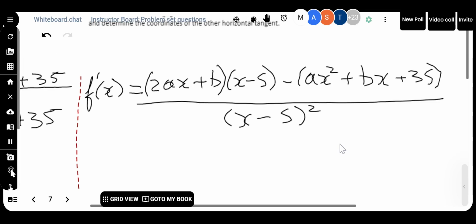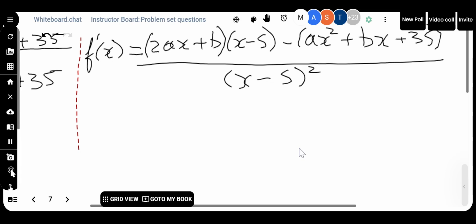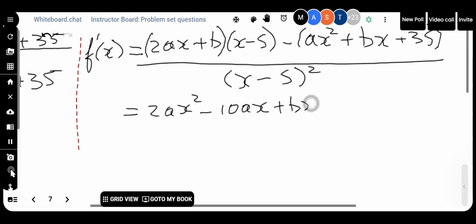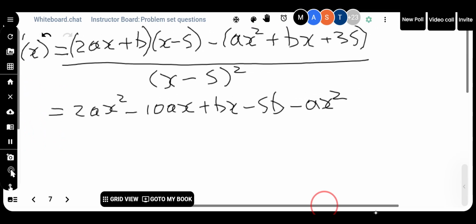All right, so what I'm going to do now is multiply this all out and collect my like terms, see what we've got here. So that's all equal to 2ax times x is going to be 2ax squared minus 10ax plus bx minus 5b minus ax squared minus bx minus 35.